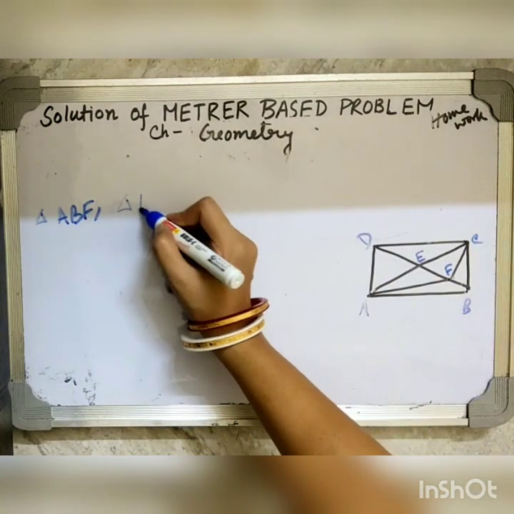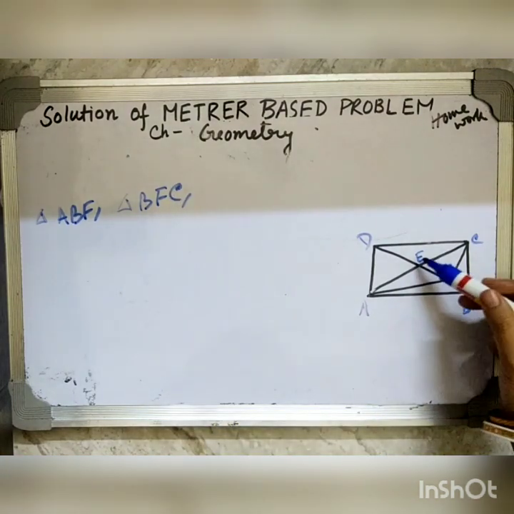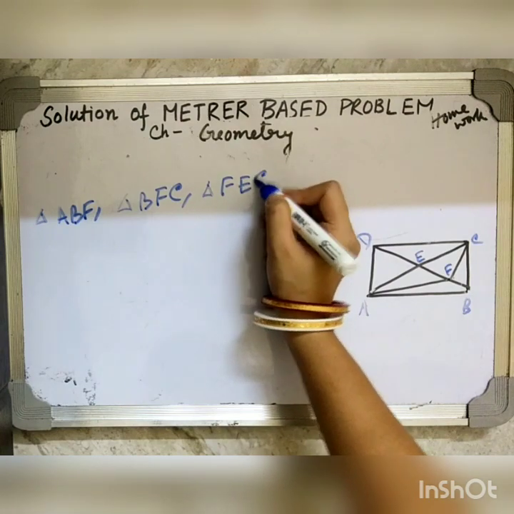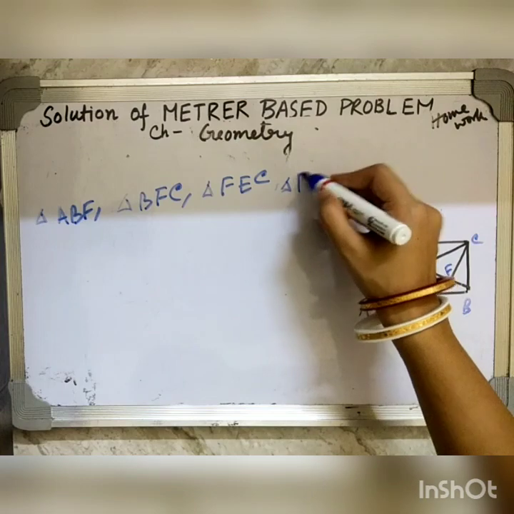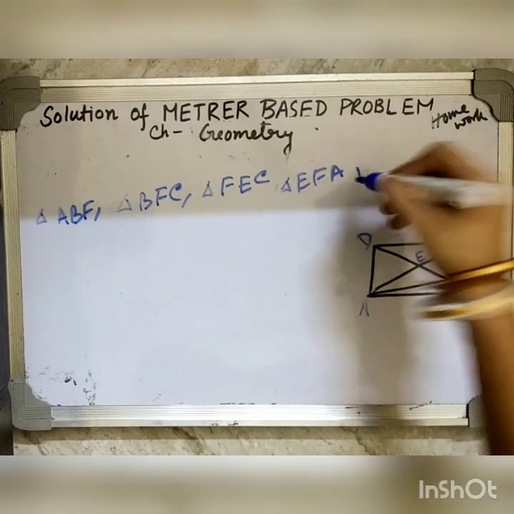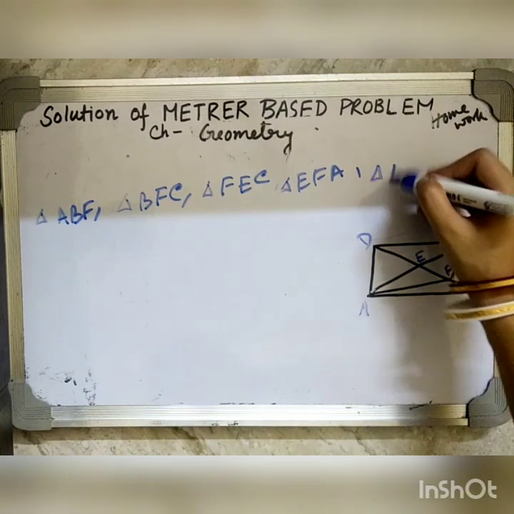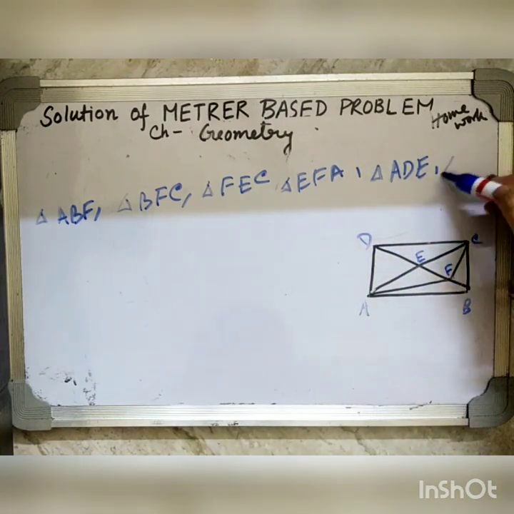This one. Triangle BFC. Now for this one, FEC. Triangle FEC. This one, EFA. Triangle EFA. Now for the smaller triangles ADE and triangle DEC.